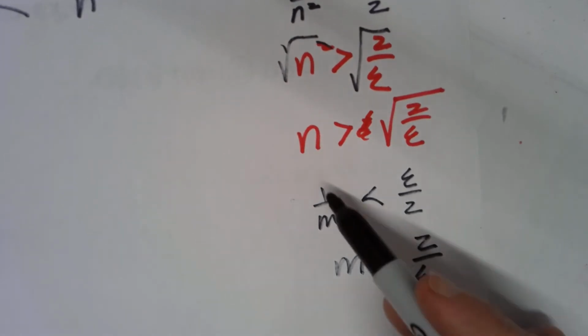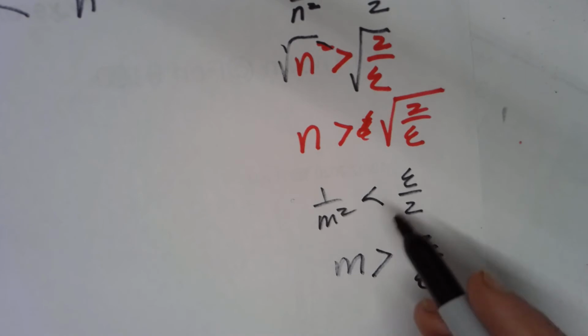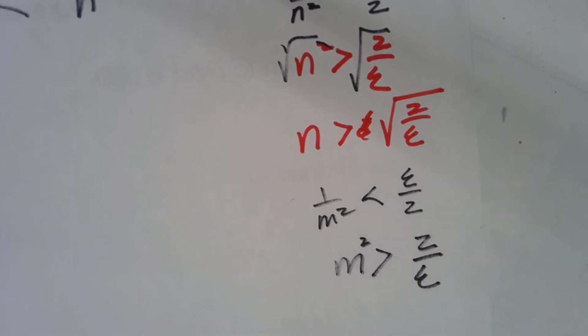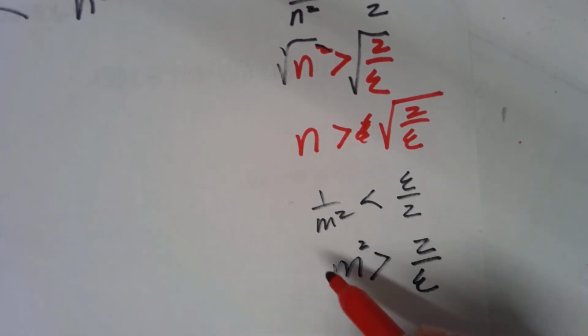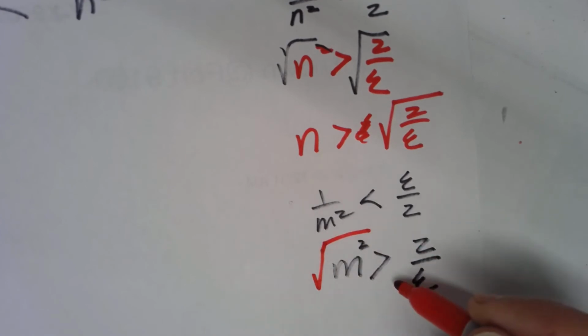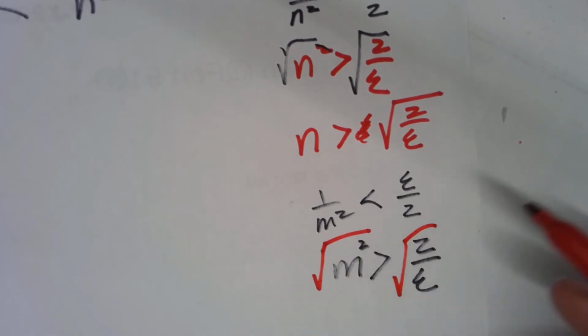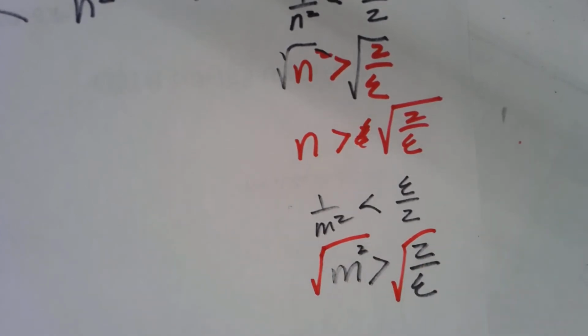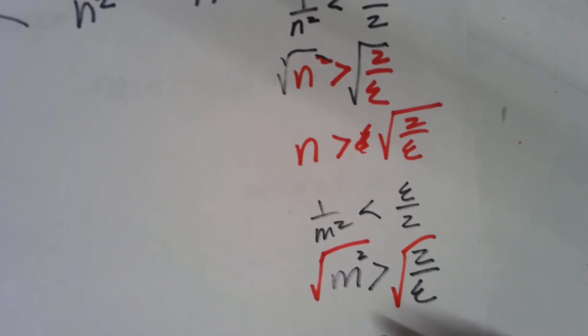If you did cross multiplication, you should get the same thing. Okay, so now if we apply the square root and drop the plus or minus, we get m is greater than the square root of 2 over epsilon.